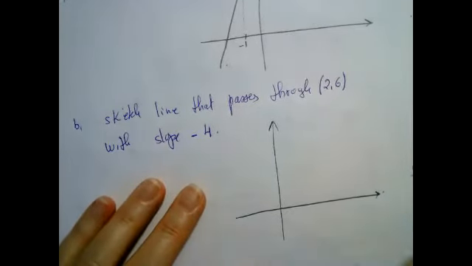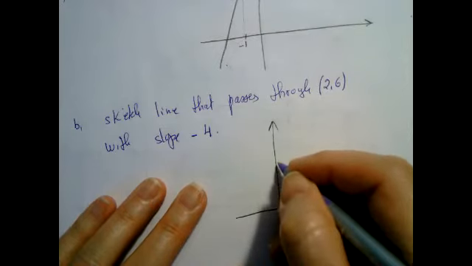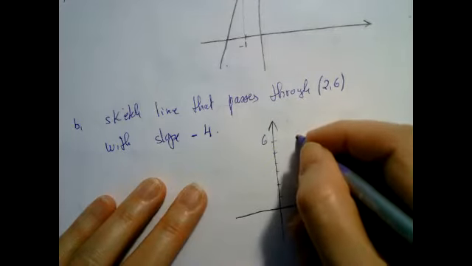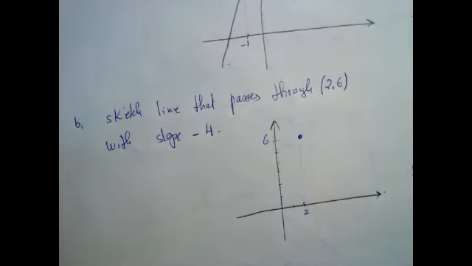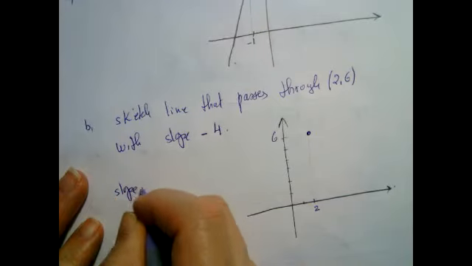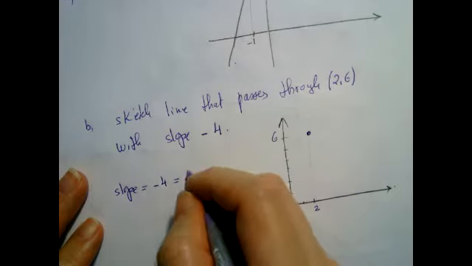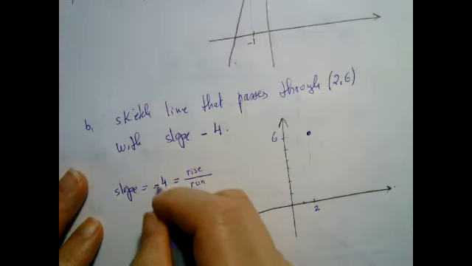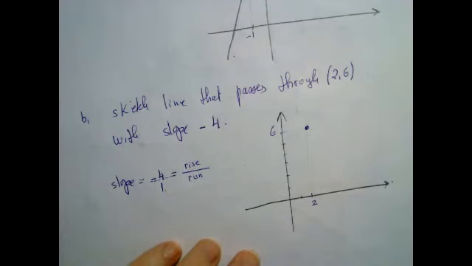It means if x is 2, I want y to be 6. If this is 6 and this is 2, that's the point on the line. And I want the slope to be -4. Basically, you can think of this as the rise over the run, so -4 divided by 1. All right, how shall I do it?